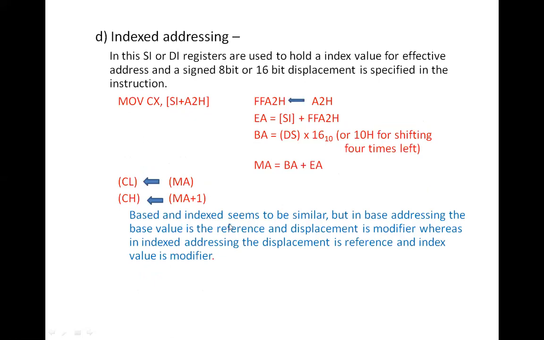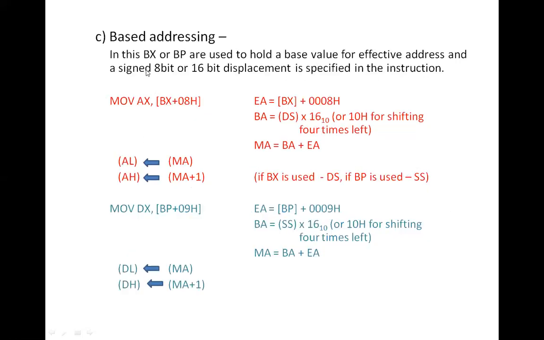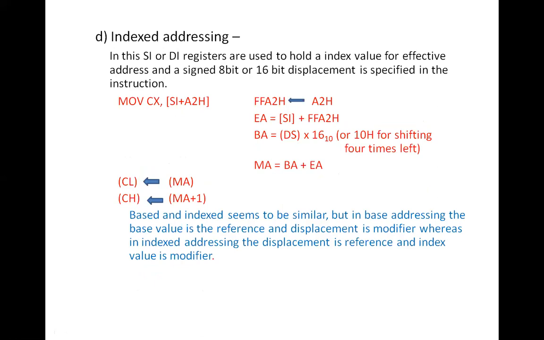So based and indexed addressing seem to be similar. They are the same type of thing. The difference is that in based addressing, we use BX or BP, while in indexed addressing, we use SI and DI. So here we use the source index register content added with FFA2 to get the effective address.